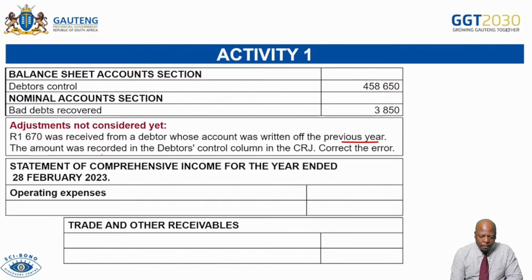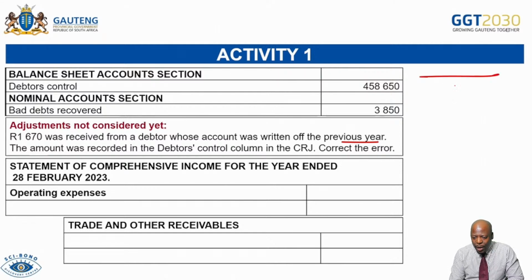The amount was recorded in the debtor's control in the CRJ. Correct the error. So the moment an amount that was previously written off as bad debts is received, it must not be recorded under our debtor's control because we've already written it off. So they're telling us that the amount was recorded in the debtor's control in the CRJ.